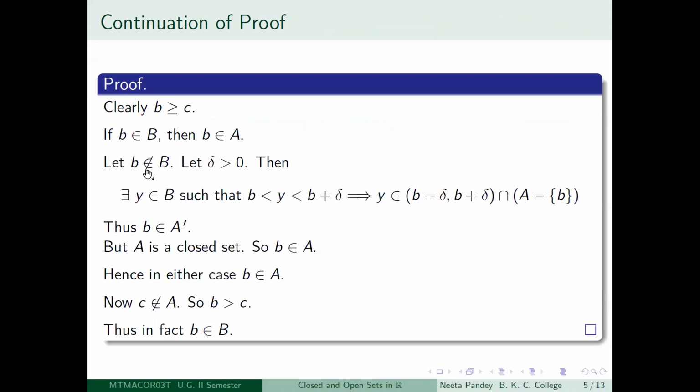And suppose, if possible, b does not belong to B, then what happens? Now, if you take any delta greater than 0, then little b is the greatest lower bound of capital B. So if you increase b by a delta amount, that is, if you look at b plus delta, then you will be able to get a point of capital B, which will be such that b is less than or equal to y less than b plus delta.